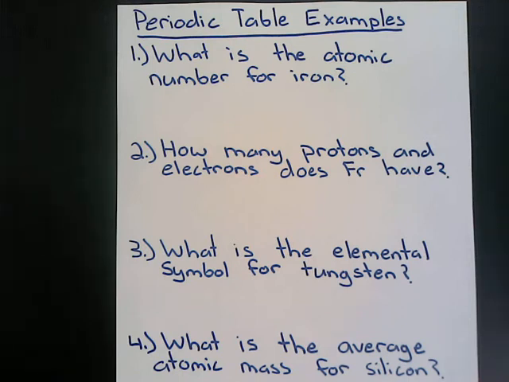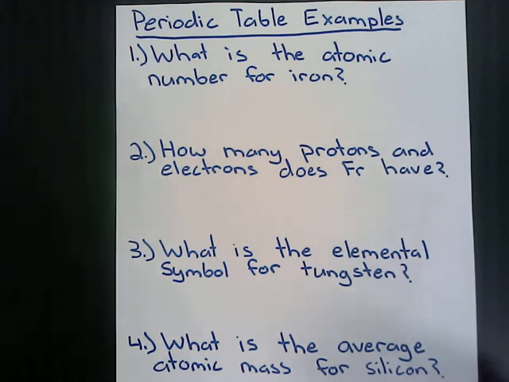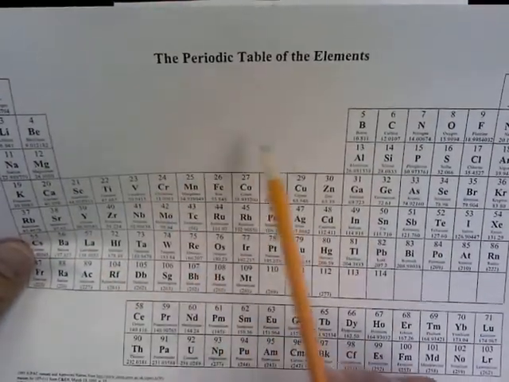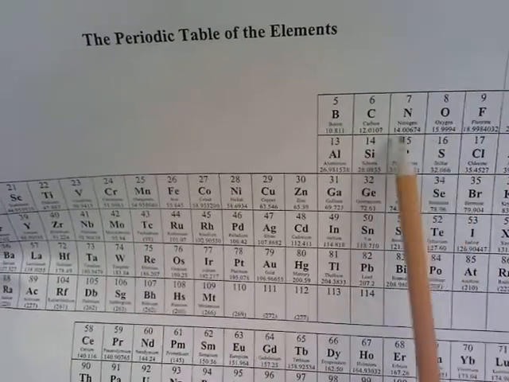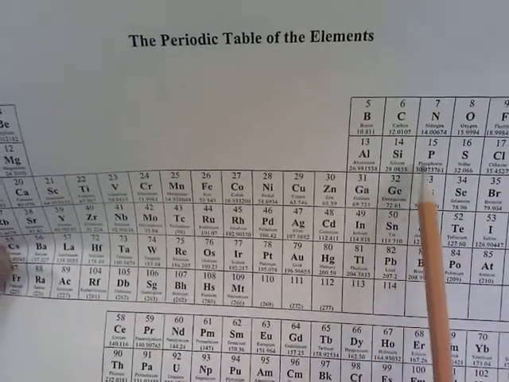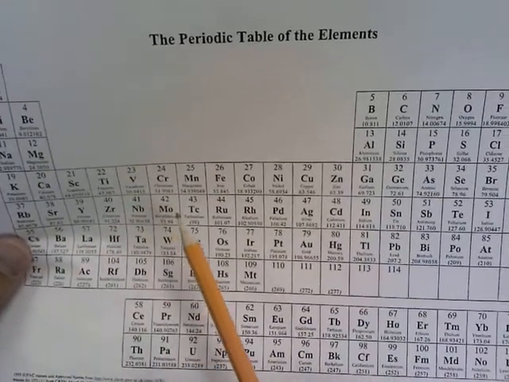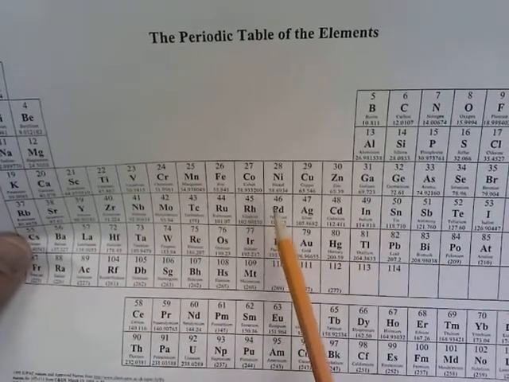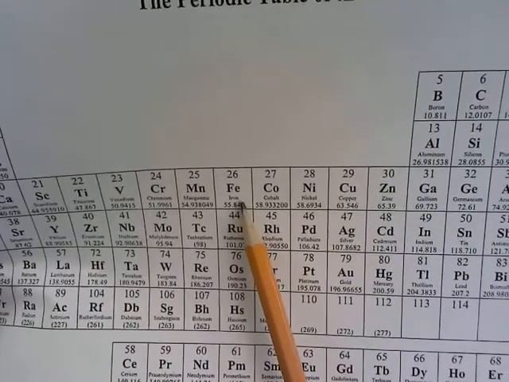So the first question is, what is the atomic number for iron? Now, iron is the name of an element, so we need to look on our periodic table for the name. It's written real small here on the video, but you can see the name of each of the elements, and we get to iron.